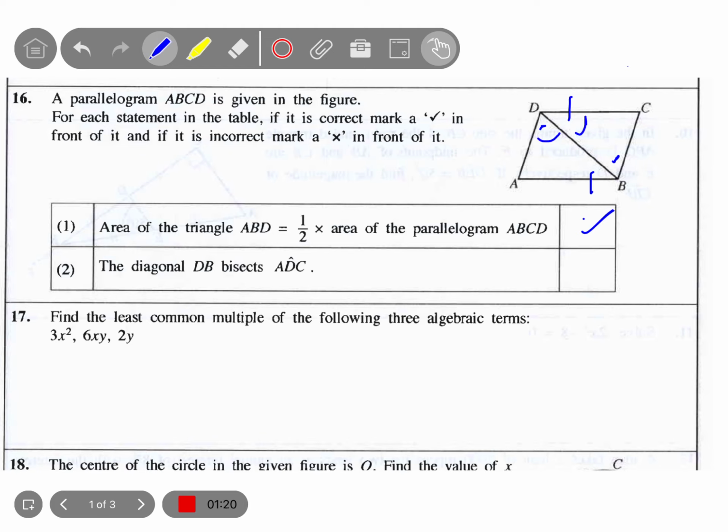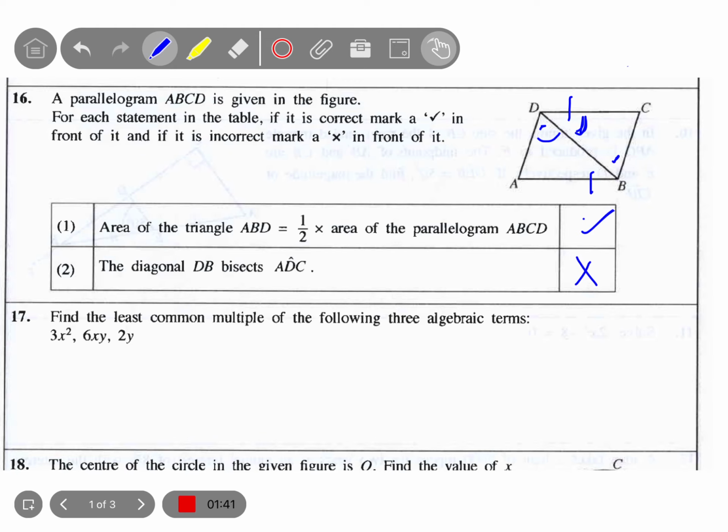This angle and the other angle are not equal. It doesn't bisect. So this is an incorrect statement. There are special types of parallelograms like the square and rectangle, for which the bisection of the angle by the diagonal is true, but not for a general parallelogram.